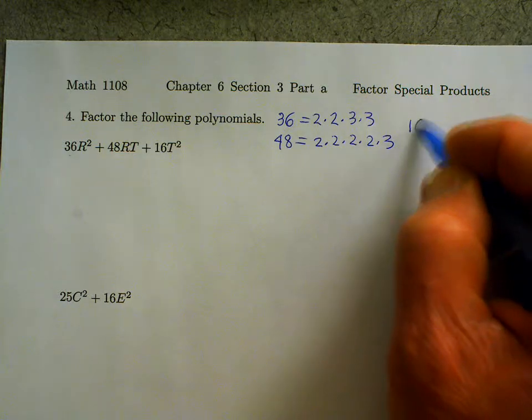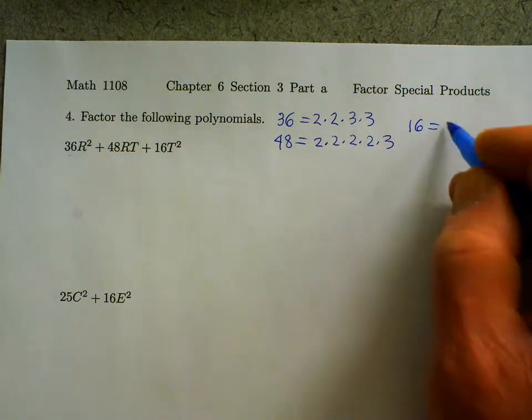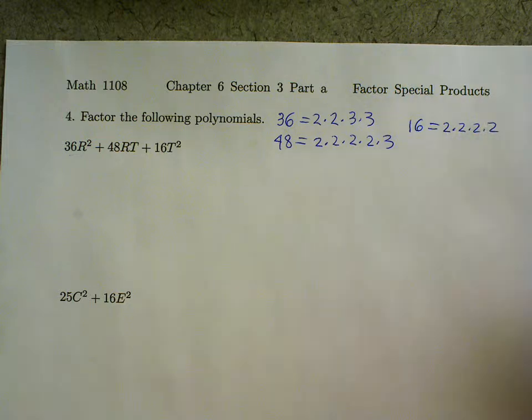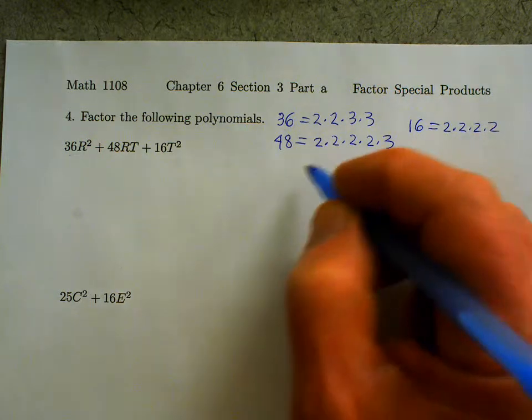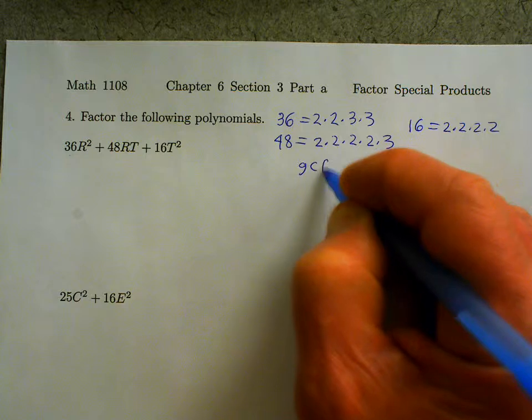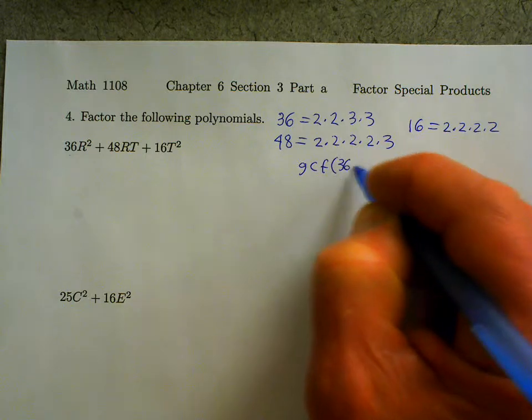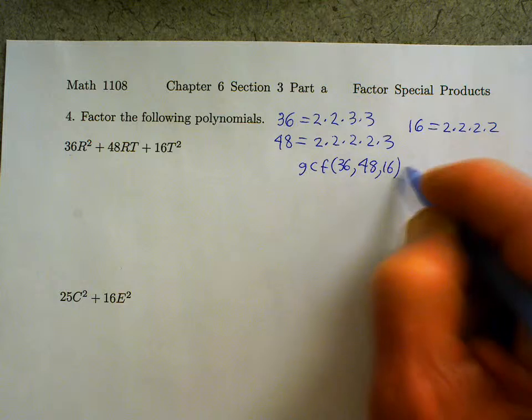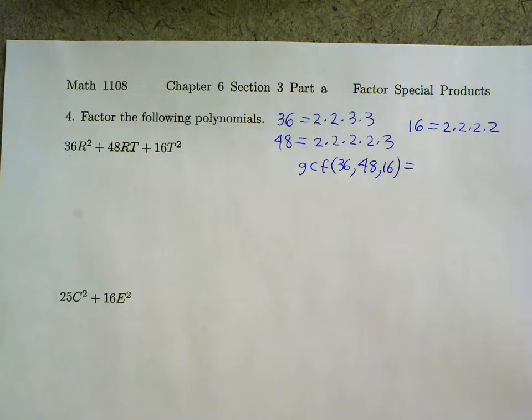And the prime factorization of 16. 2 times 2 times 2 times 2. So the greatest common factor of 36, 48, and 16 is how much? 4.